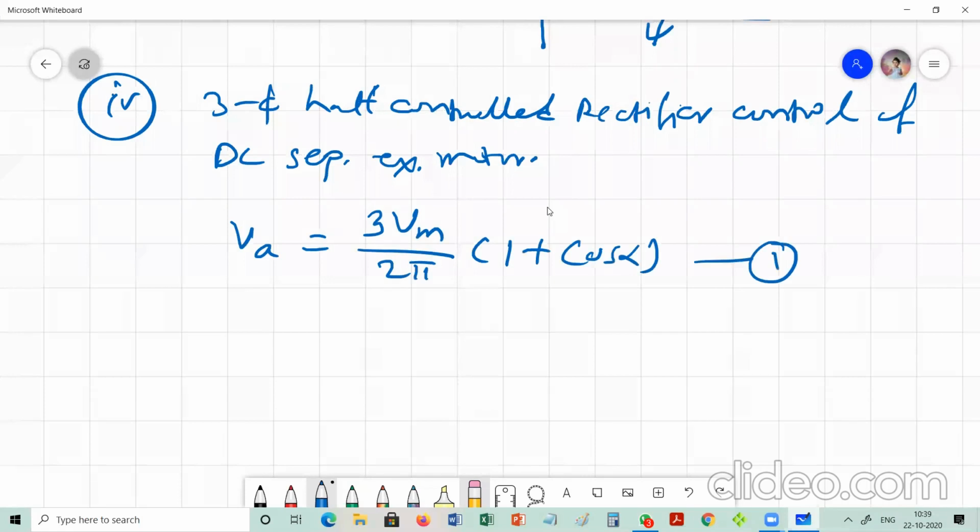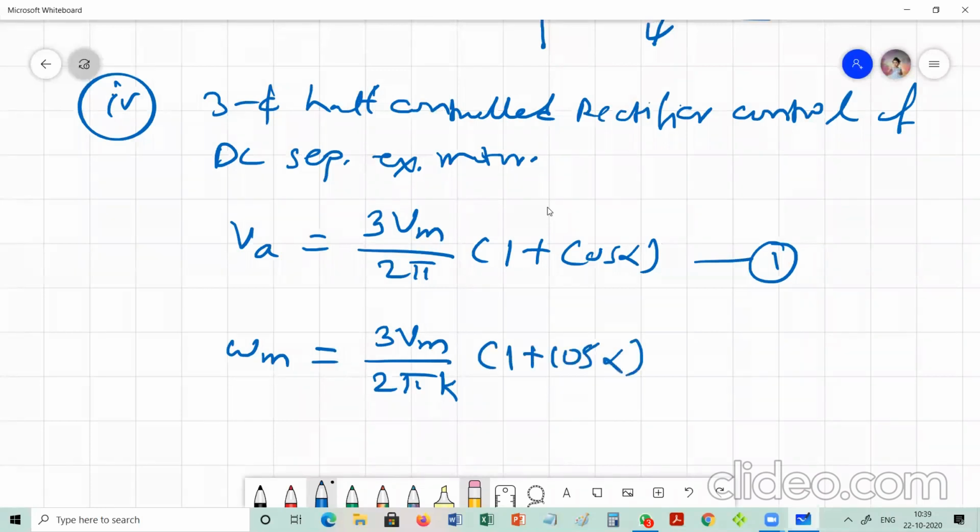When we put this voltage equation in the speed equation, we get omega m = 3Vm/(2 pi k) into (1 + cos alpha) minus Ra/k^2 into T. These are the speed and voltage equations.